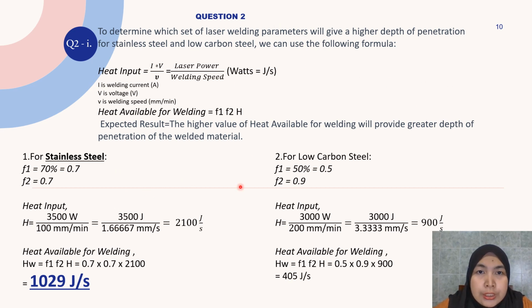We can conclude that the set of parameters for stainless steel gives a higher heat available for welding, 1029 joule per second, compared to low carbon steel, 405 joule per second. Therefore, for the same size workpiece, the set of parameters for stainless steel will result in a higher depth of penetration in this laser welding process.